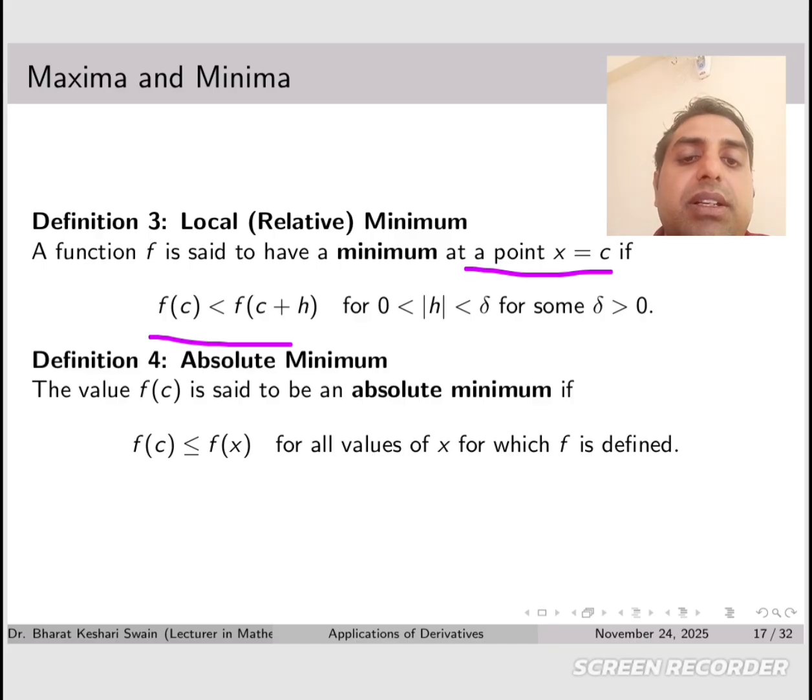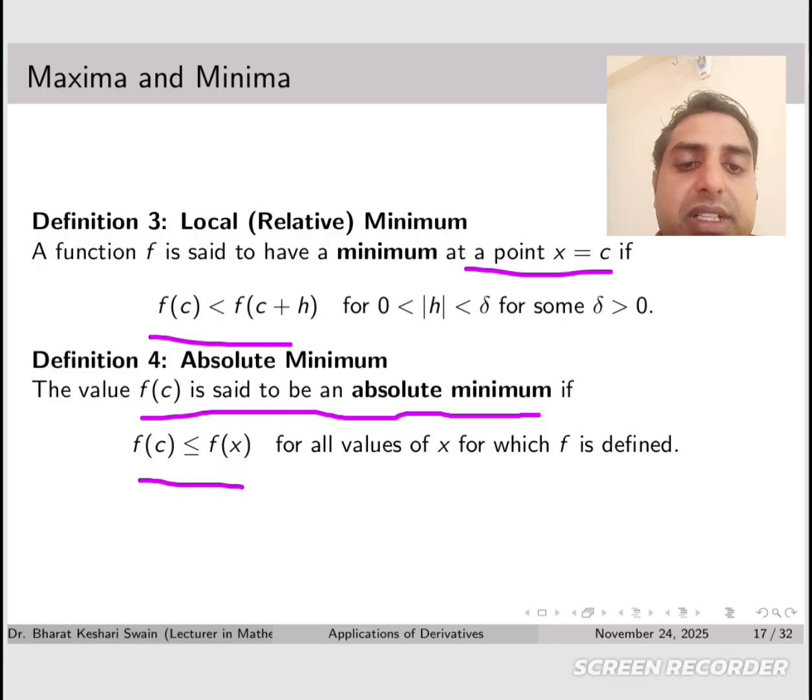Is not it? But in your local maximum, it was f(c) greater than f(c plus h). Next is absolute minimum. So f(c) is said to be an absolute minimum if f(c) less than equal to f(x) for all values of x for which f is defined.